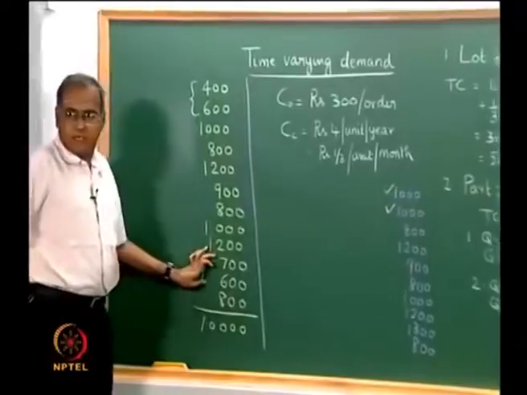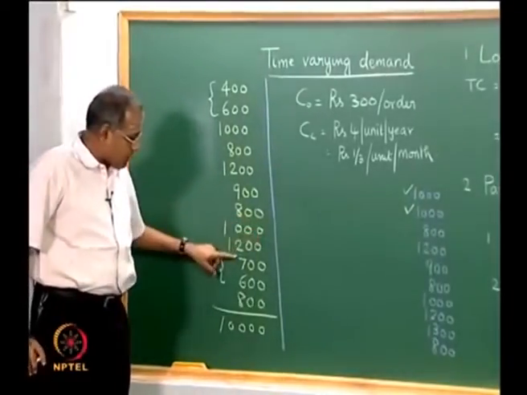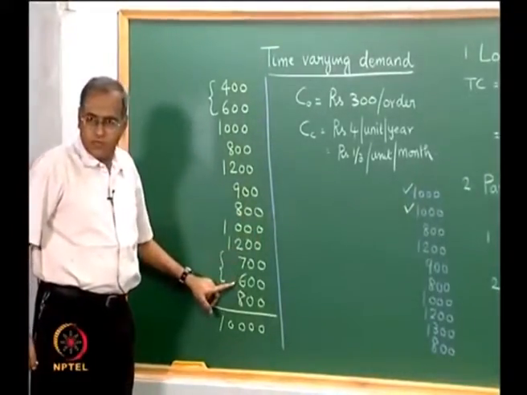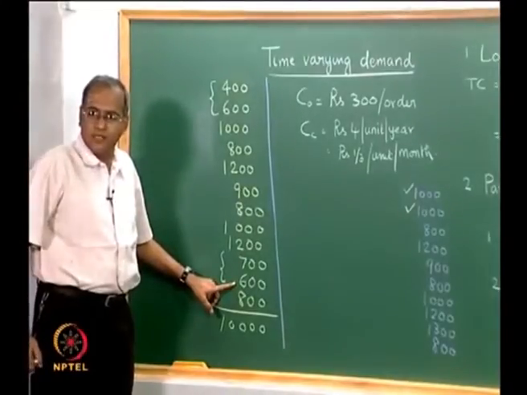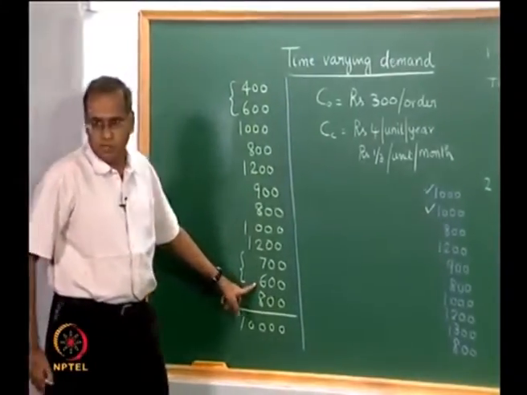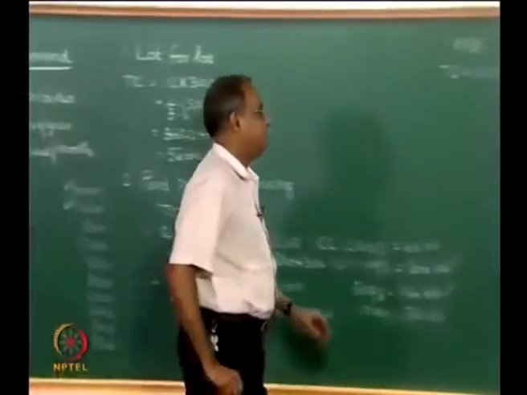Now here there is a bunching, so we would start with 1300, finish with 600, so 1900 divided by 2, which is 950.